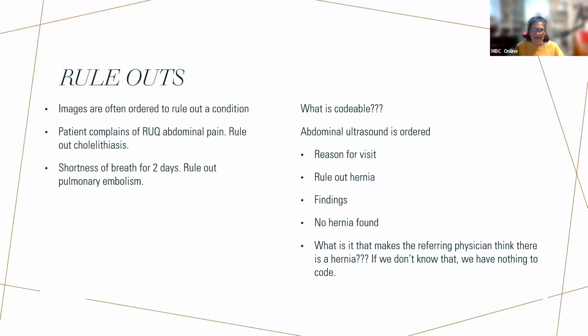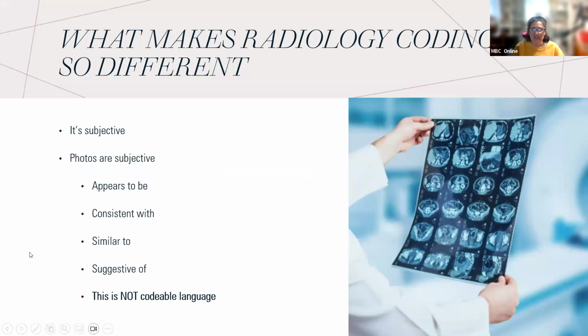There are rule outs. Images are often ordered to rule out a condition. So when we look back at that other slide, if it said a patient appears to have, or consistent with, they're going to require some type of radiology treatment, whether it's an MRI or an X-ray, to get the actual picture to make that confirmed diagnosis.